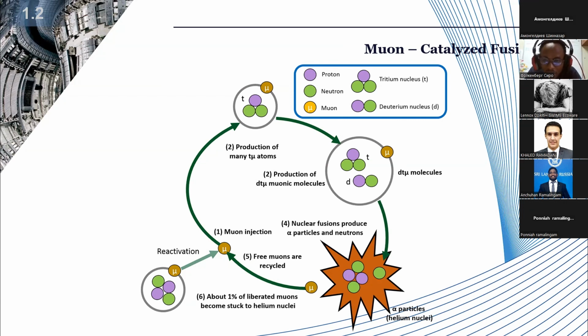The significance of using a muon instead of an electron in these reactions is that with the substitution, we end up forming a muonic molecule, which constitutes the muon and the deuterium, or the muon and the tritium. The significance of doing this is that the fusion reaction happens almost instantly, and it can happen at very low temperatures, even lower than room temperature.